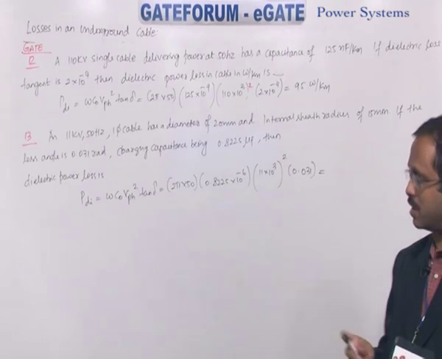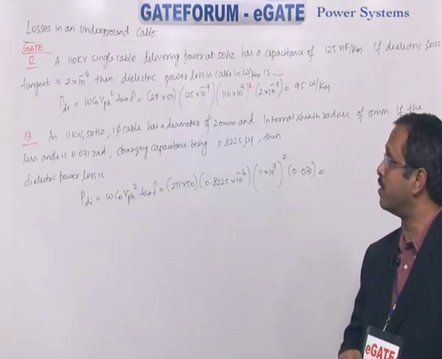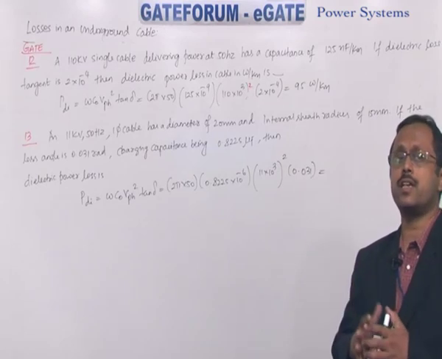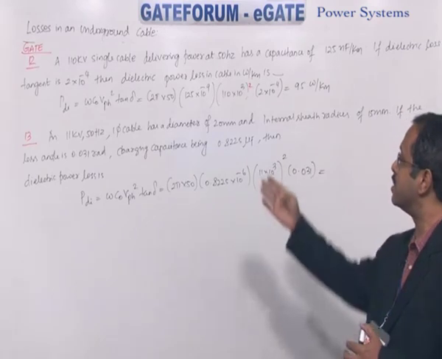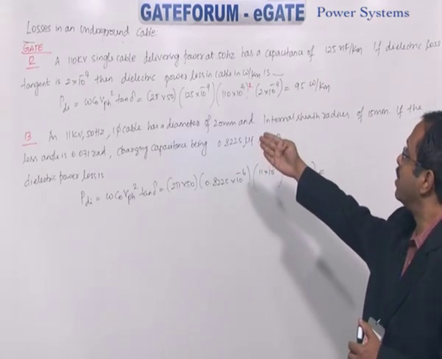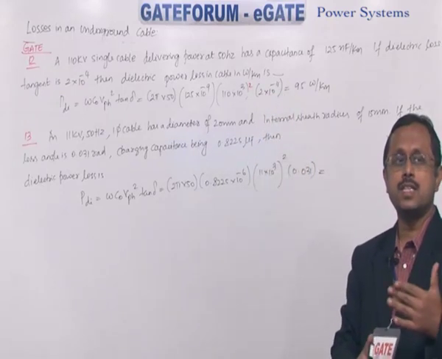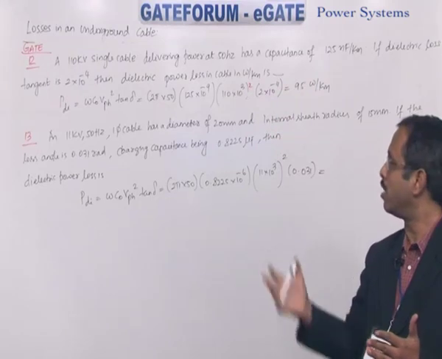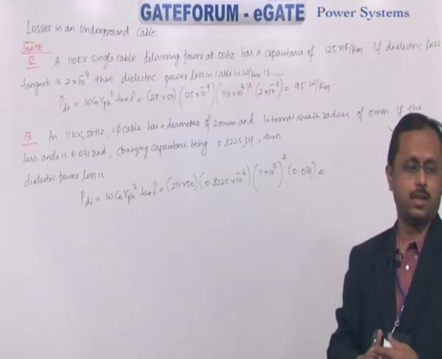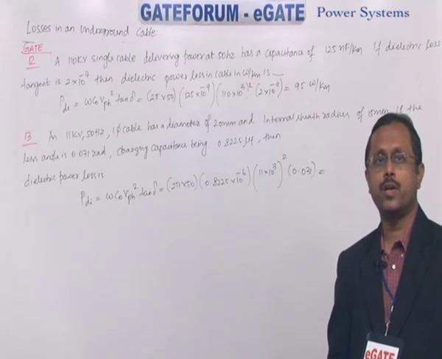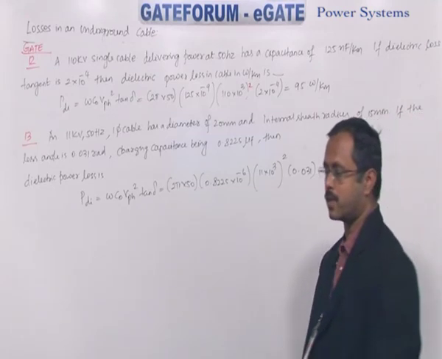This is for a single core cable, and the previous question was also a single core cable. When you analyze a 3-core cable, you have to multiply by 3 by default to get the final answer.